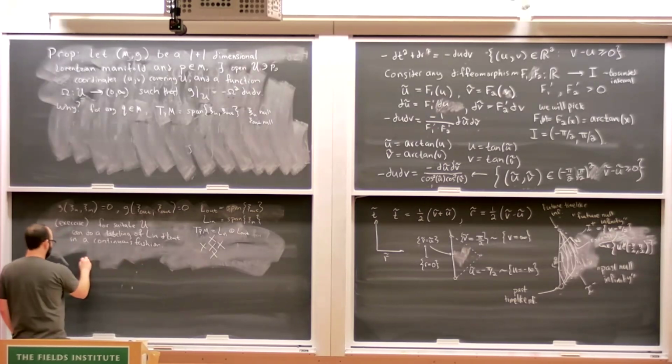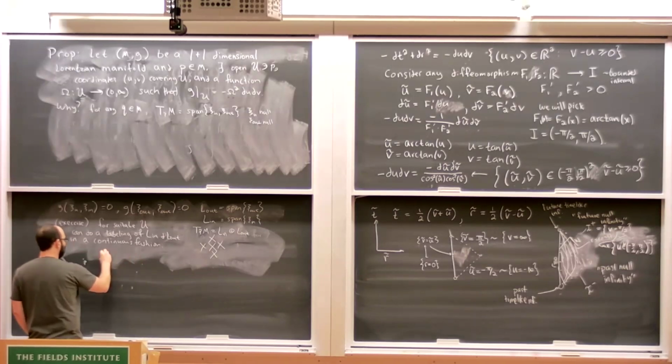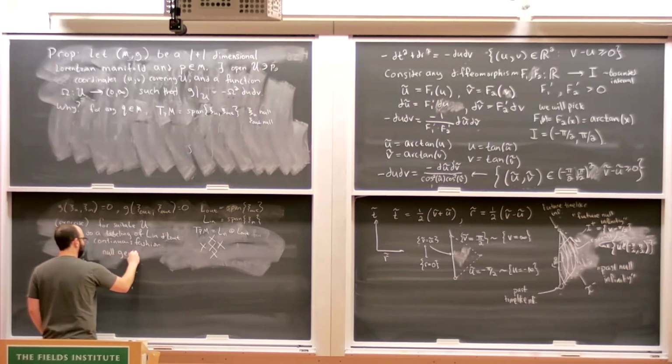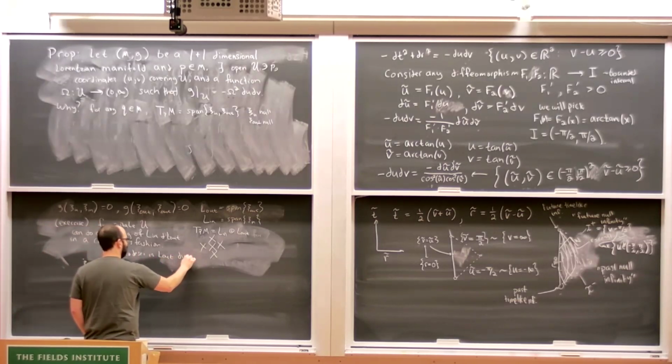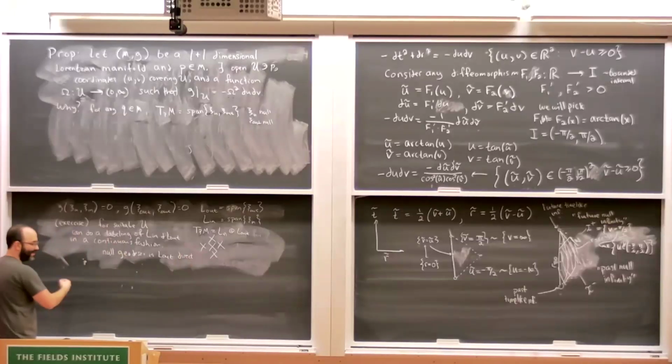Let's pick, here's my point P. I can look at a null geodesic in the L out direction. So this is going to be a bit of a proof by picture. Oh, now I'm hitting this. Wait, all right.